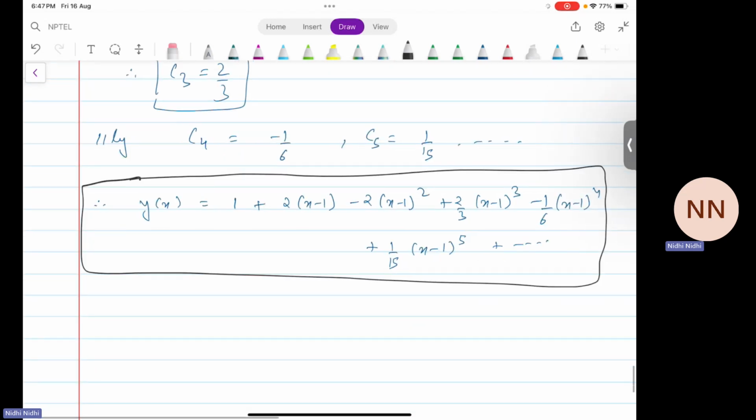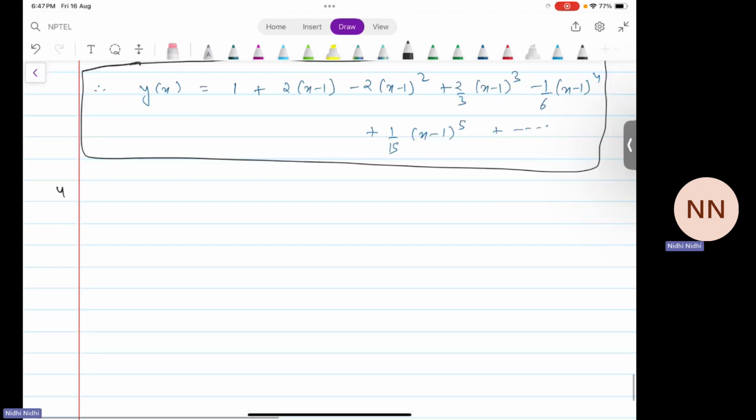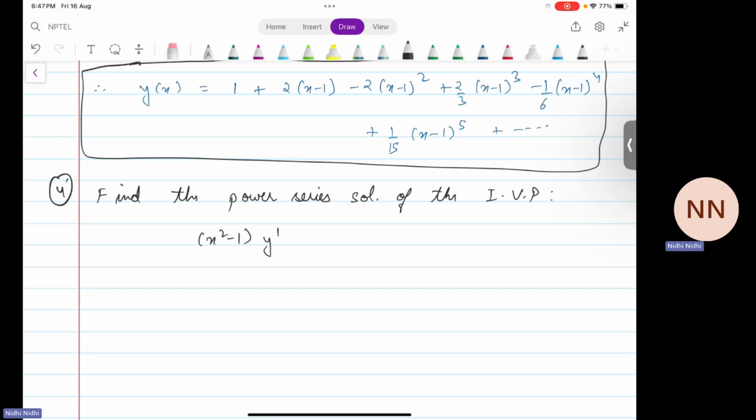Let's solve one more initial value problem. Find the power series solution of the initial value problem (x^2 minus 1) y double dash plus 3x y dash plus x y equals 0, along with the initial conditions y(2) equals 4, y dash (2) equals 6.